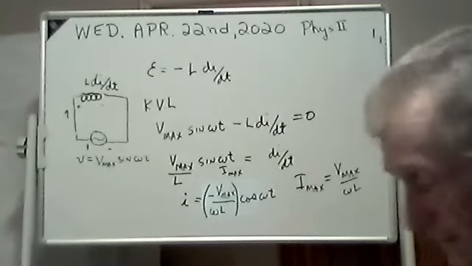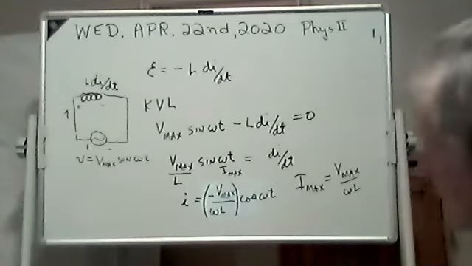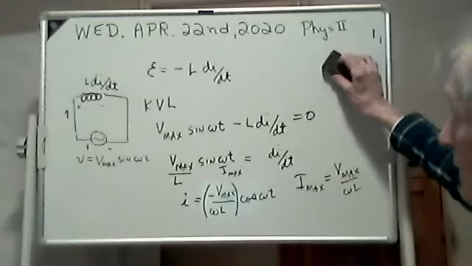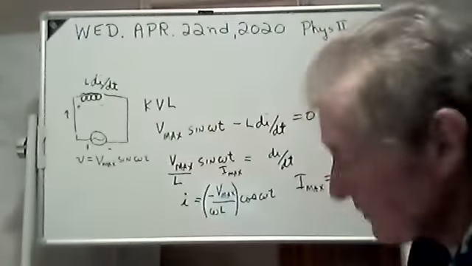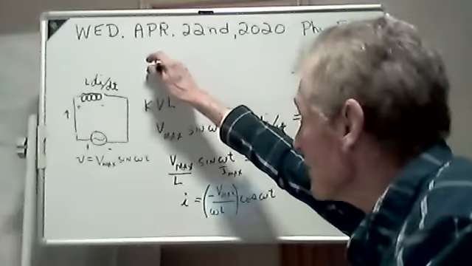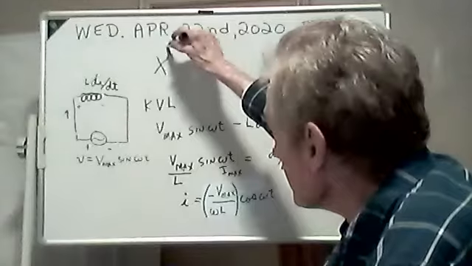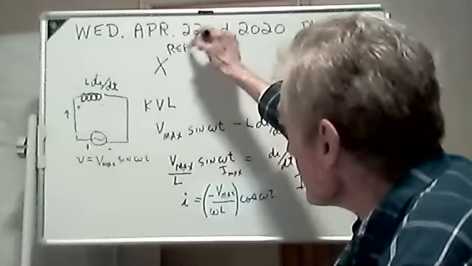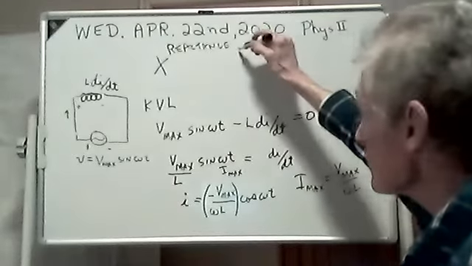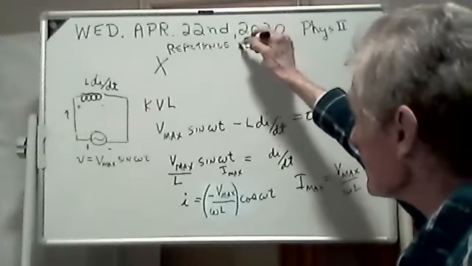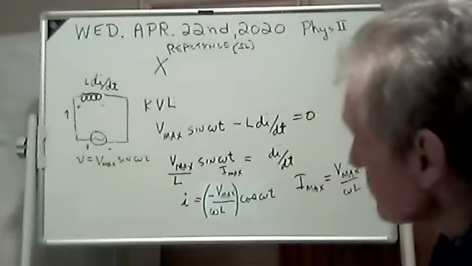Now we're going to write the inductive reactance. Here goes. I need a little room. Hey, I got some room. Here's a whole bunch of room right up here. Here we go. Now remember, reactance. And what it is, it's in ohms, but it's for AC circuits, not DC circuits.